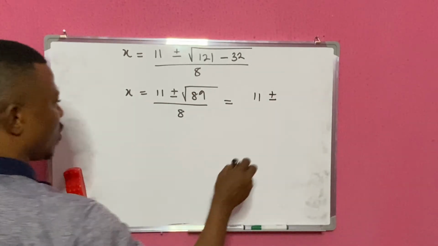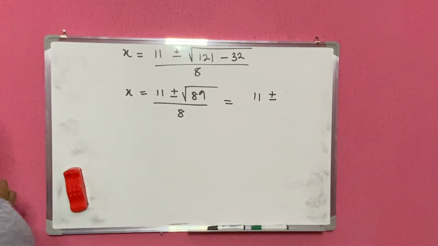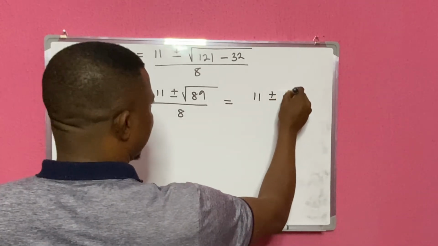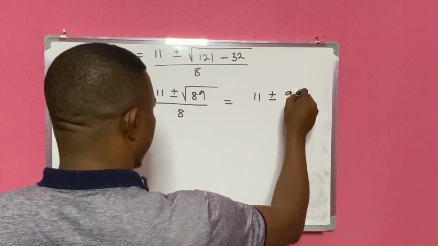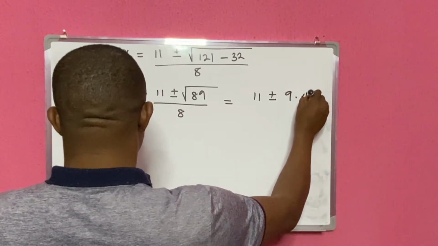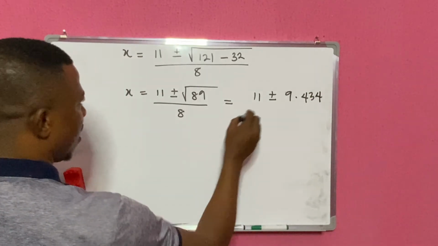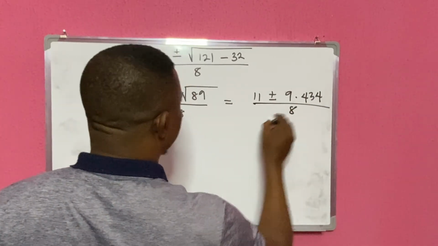11 plus or minus. What is the square root of 89? 9. Nope, that's not true. The square root of 89 is 9.434 over 8.